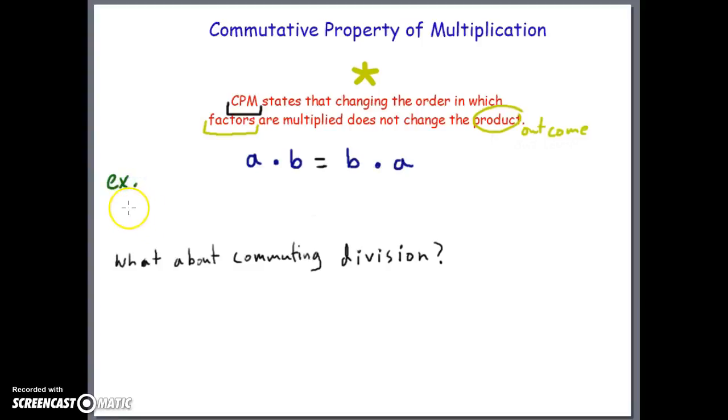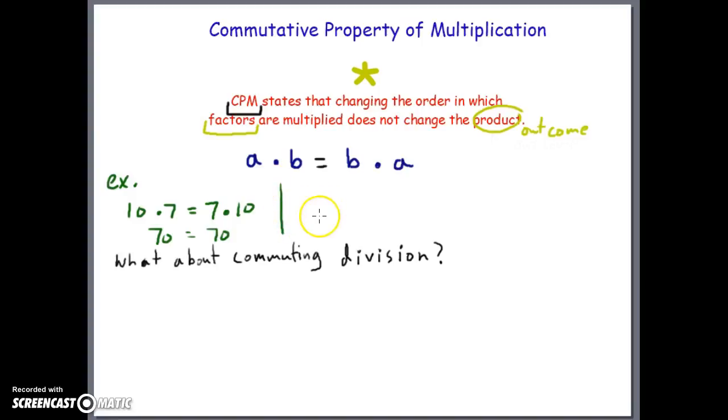And you can see this done with numbers. Let's take arbitrary numbers, so let's just take 10 times 7, right, is the same exact thing as if we multiplied 7 times 10. These both are 70. So it doesn't matter what order we multiply them in.